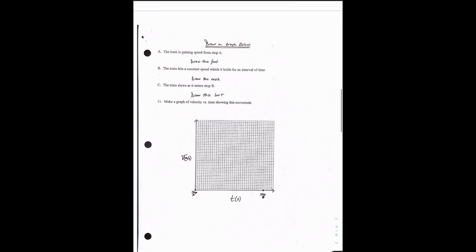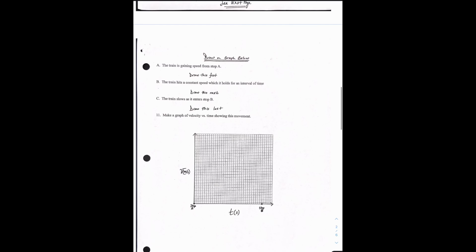All right. So the train is gaining speed from stop A. So this would be positive acceleration, which we know is the slope. Then it says the train hits a constant speed, which it holds for an interval of time. So here we could say constant speed would mean zero acceleration.